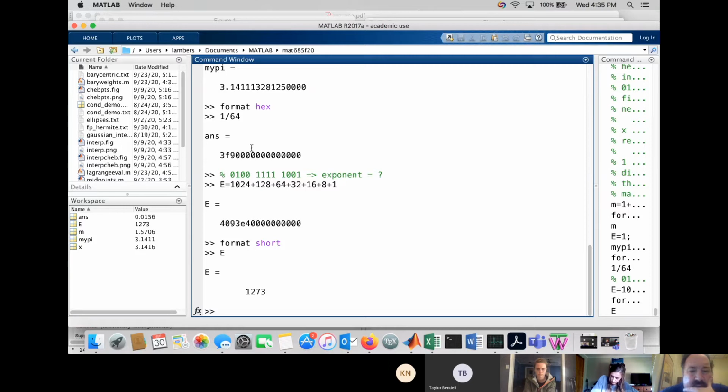I'm supposed to subtract 1023 from this. It doesn't look right at all. Oh, I know why. I totally screwed up. That's not a 3 in binary, it's a 4.